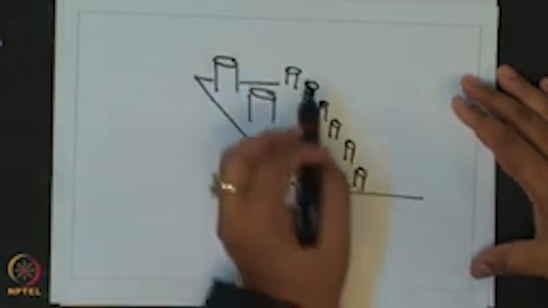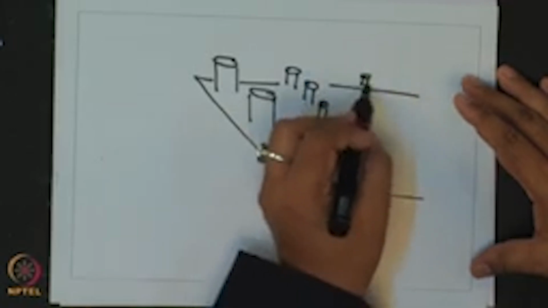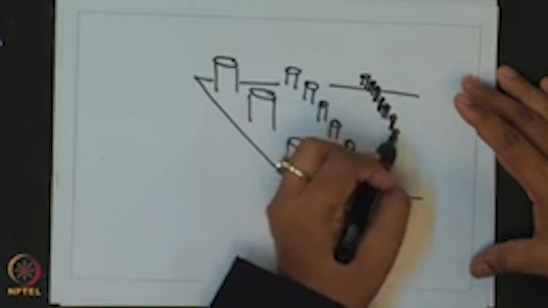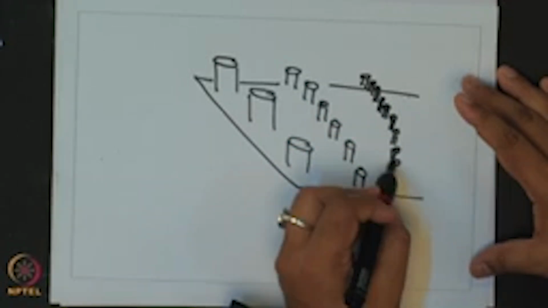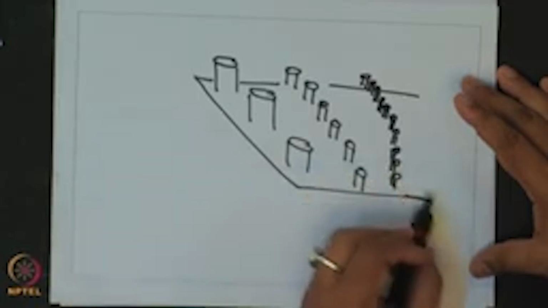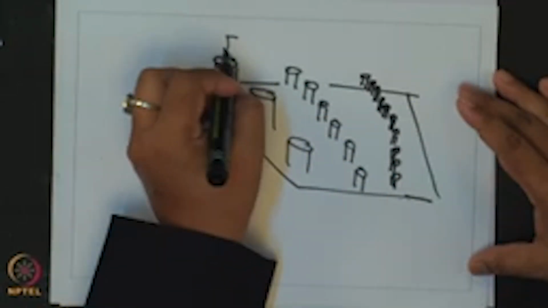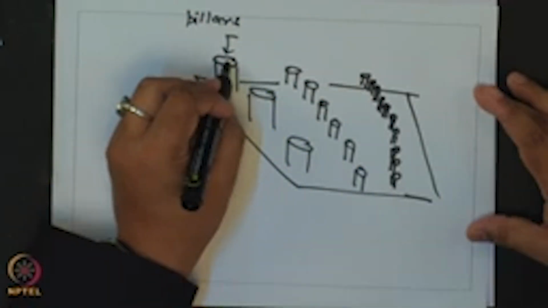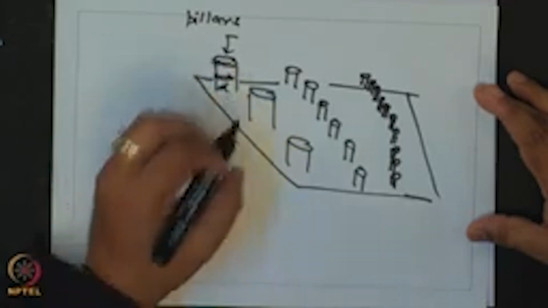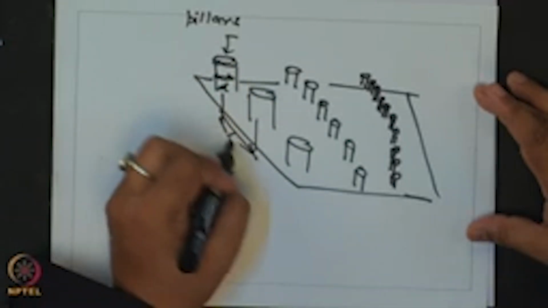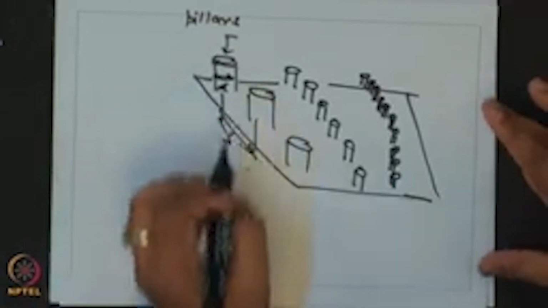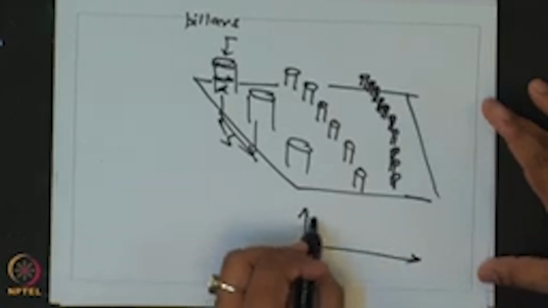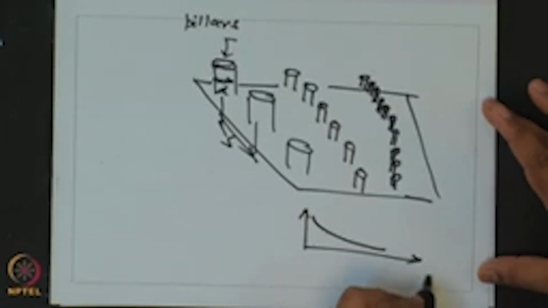You have a device with pillars, and what you are changing is the size, the diameter of these pillars d, and the spacing between these pillars s. So, the spacing decreases as a function of distance.